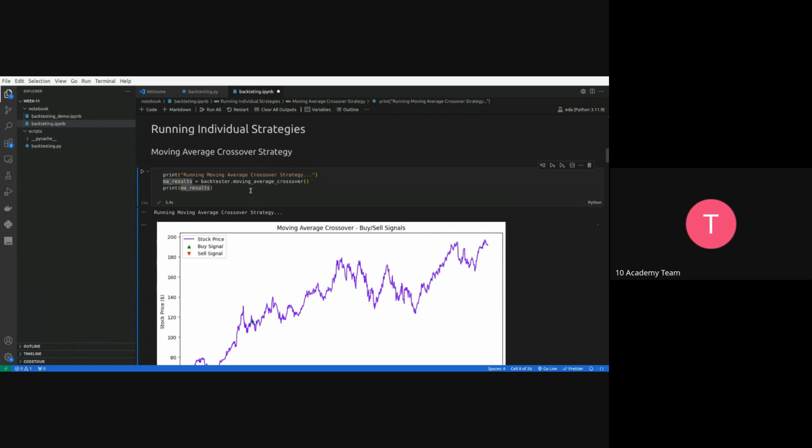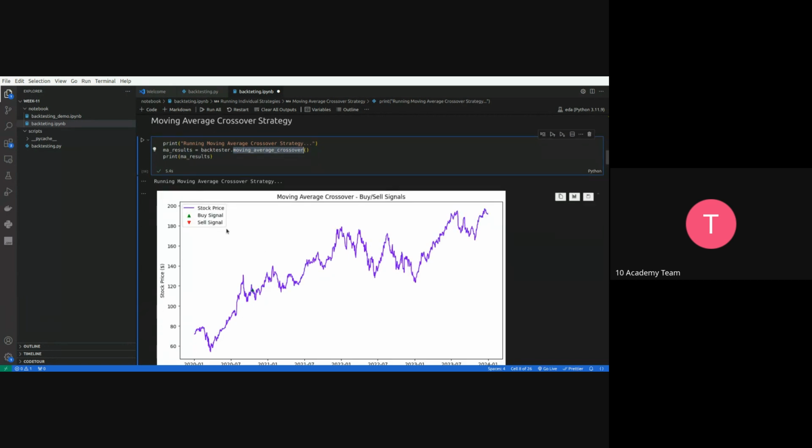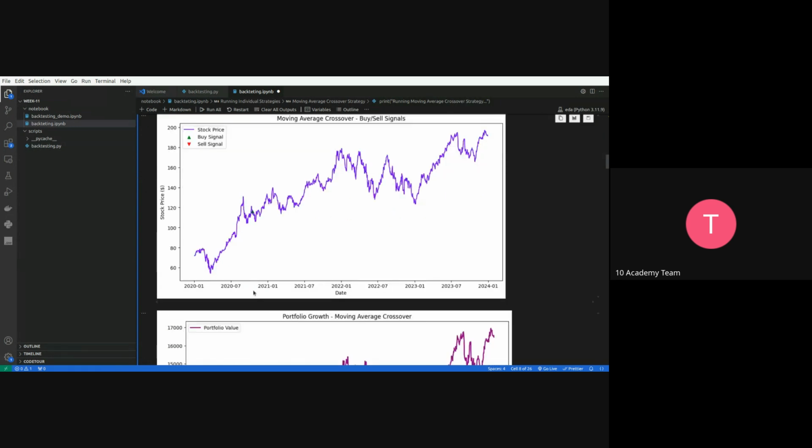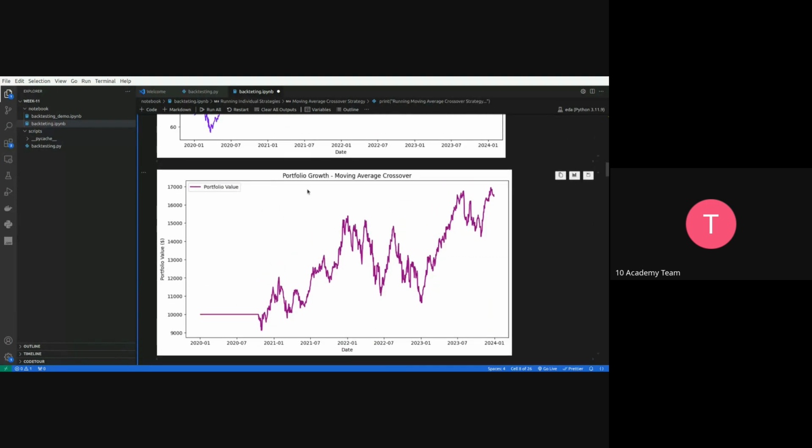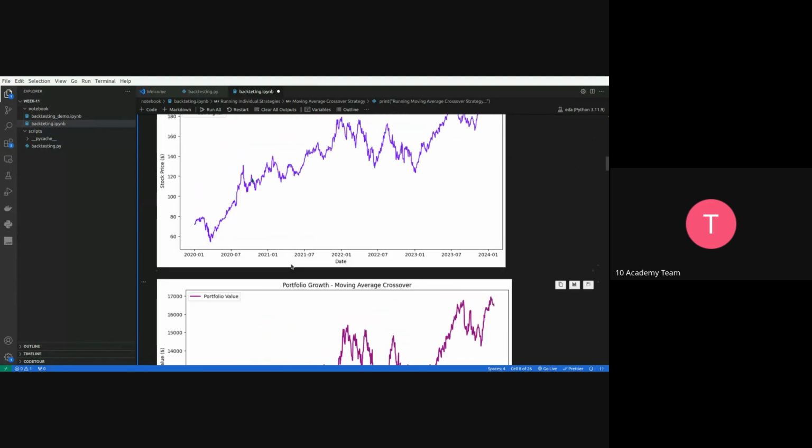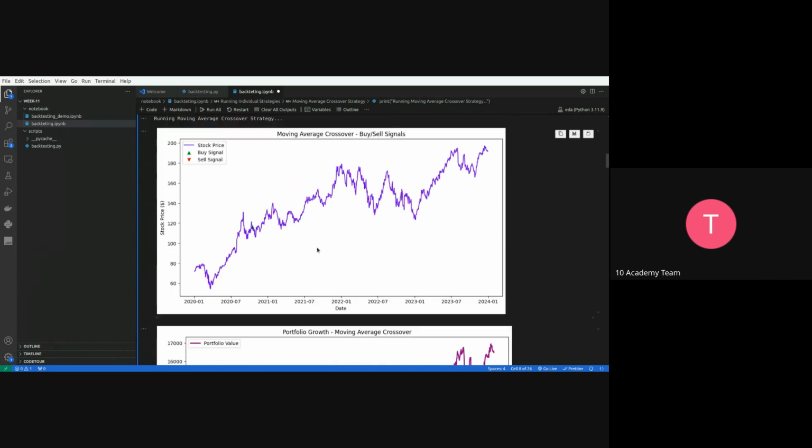For this specific period of time, while using moving average crossover, there will be only one trade, based on the rule that this strategy has. This is portfolio growth, what the growth in your investment will be, and these are the buy and sell signals.